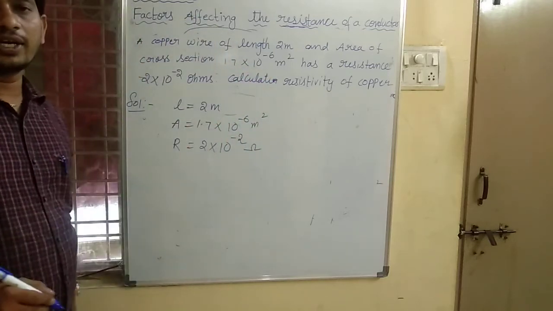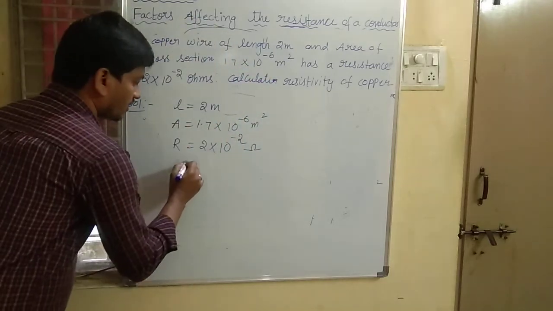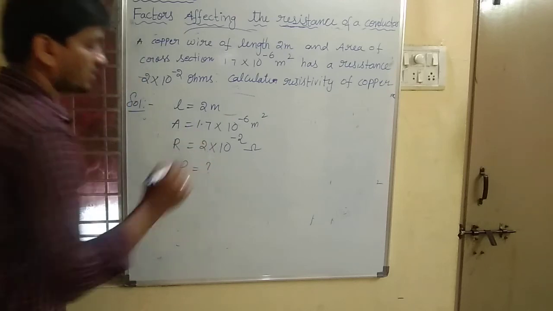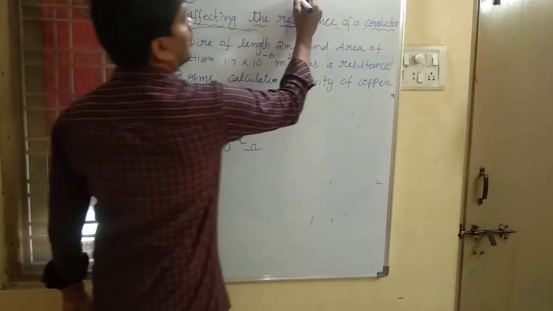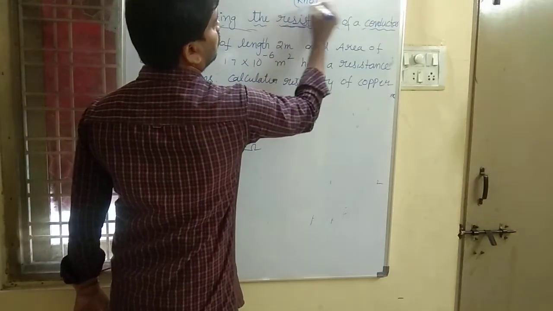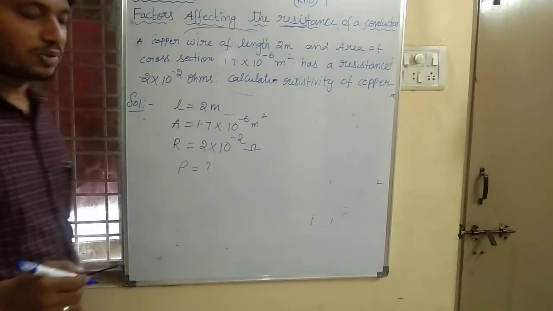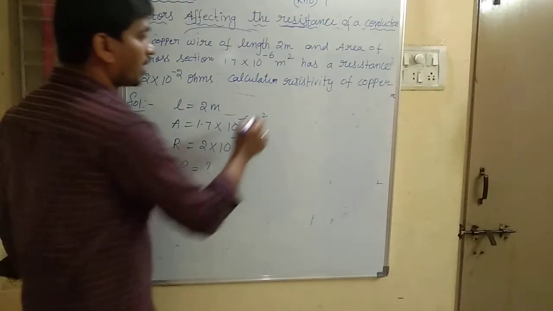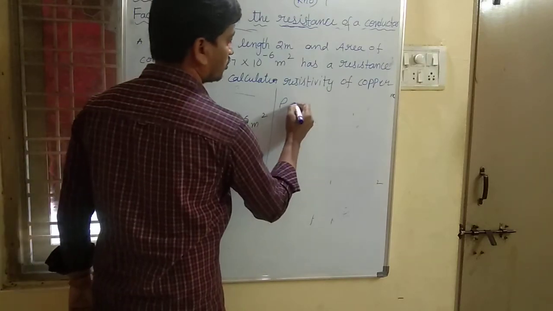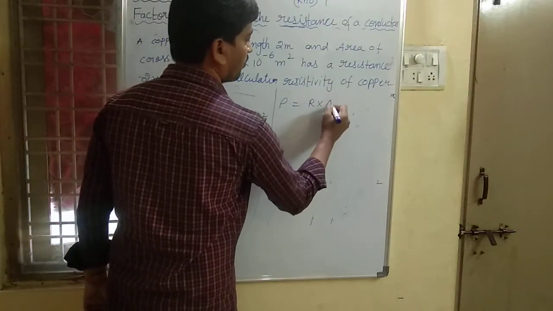Now they are asking to calculate resistivity. The symbol of resistivity is rho. We have the formula rho equal to R into A by L.